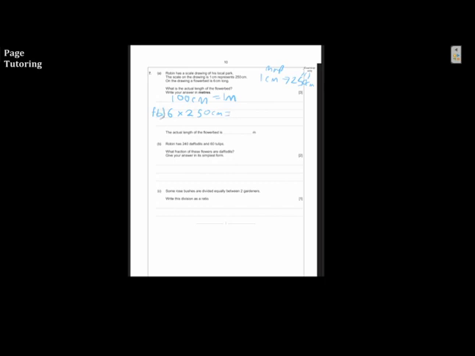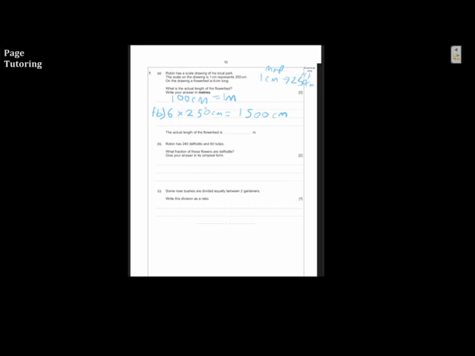So that will equal 1,500 centimetres. That's just some quick mental maths that I've done. I know 5 times 250 is 1,000, and then 2 times 250 is 500, and I've just added them together, 1,500 centimetres. Now let's convert that to metres, because it wants its final answer in metres.